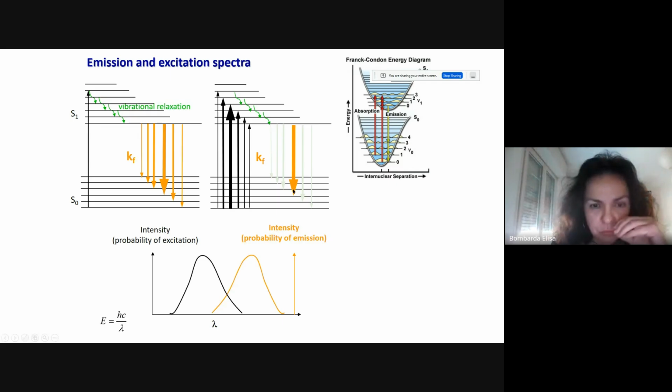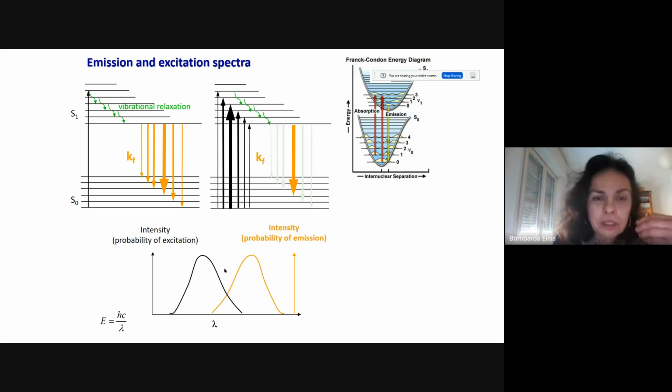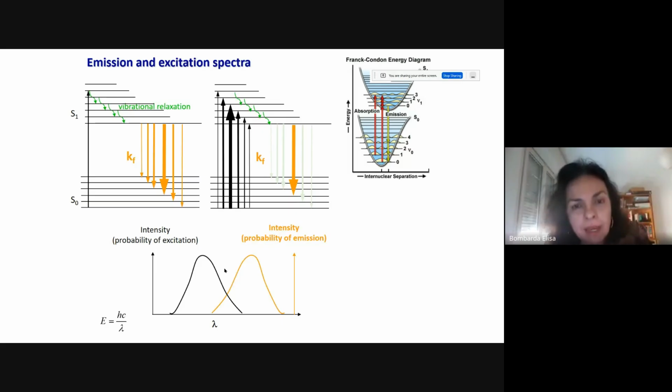When we measure an excitation spectrum, I fix the emission at one wavelength, and I ask my fluorimeter: what are the different wavelengths of excitation, where do I have to excite my fluorophore, in order to have a higher probability of seeing the fluorescence at this wavelength?